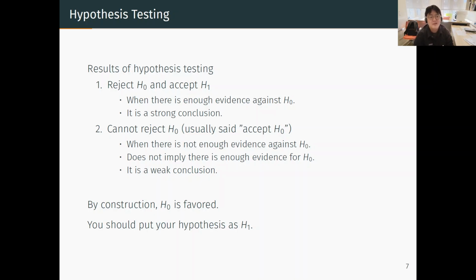That's the research, right? There is an existing theory, but you believe the theory is wrong. Then you have to put the existing theory as the null hypothesis, and your opinion as the alternative hypothesis, and you have to show that the existing hypothesis is rejected and yours is accepted. That's how researchers have to conduct a statistical hypothesis testing.